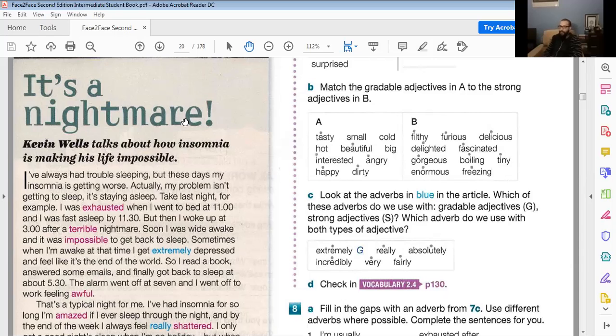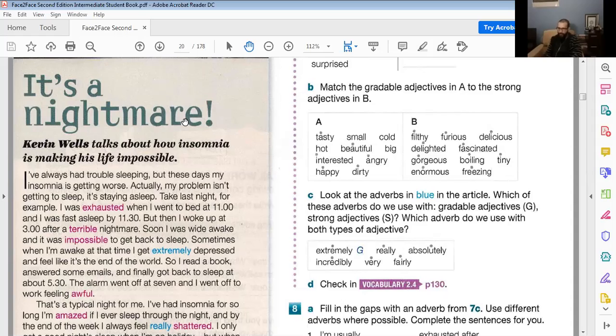Not sleeping well, I think. A bad dream. Yes, correct, this is the meaning of nightmare. But here he doesn't have a nightmare. He has insomnia. But why did he use this expression? Why did he say it's a nightmare?